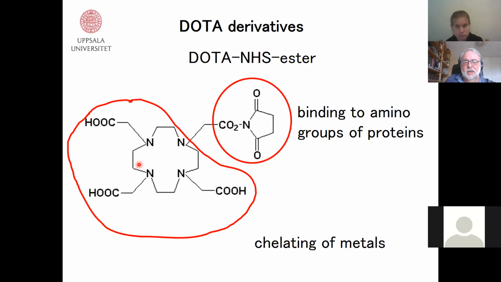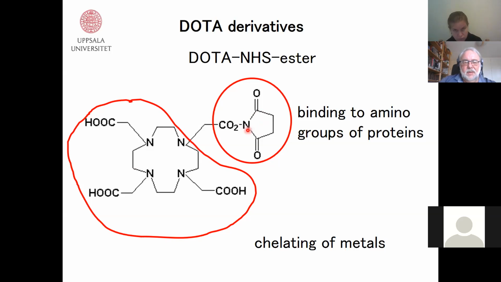A very commonly used variant is the succinimidyl ester of DOTA, where one arm is coupled to succinimide.